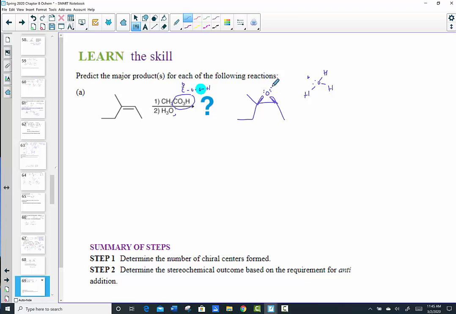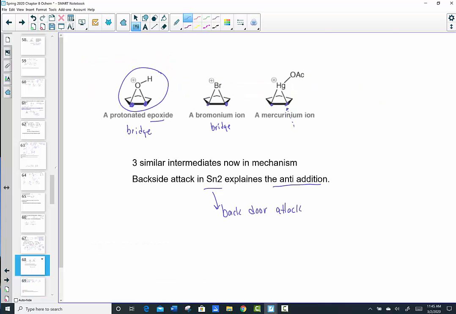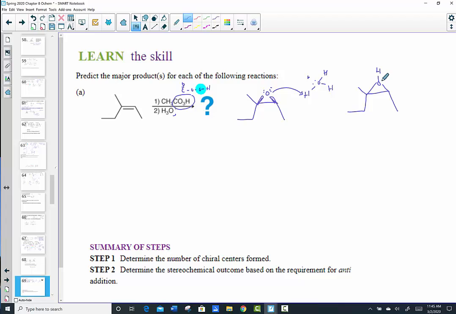And what you see happening is a proton transfer, and then you get this protonated epoxide. And that's this visual that you had on this slide, this epoxide. And that positive charge is based on oxygen having 3 bonds and 1 set of dots.